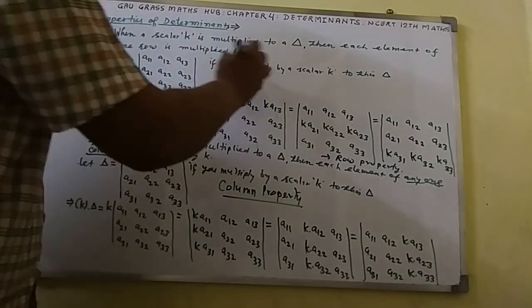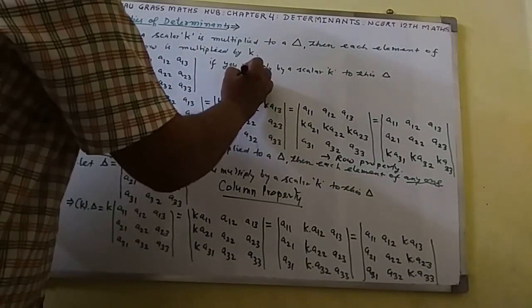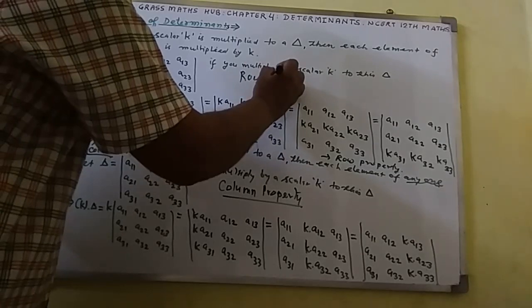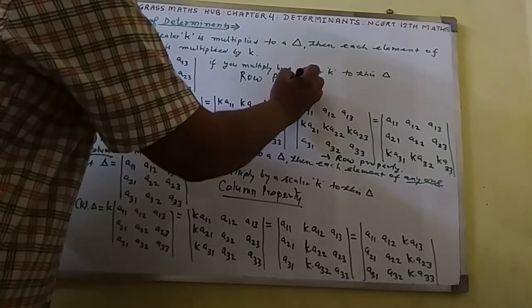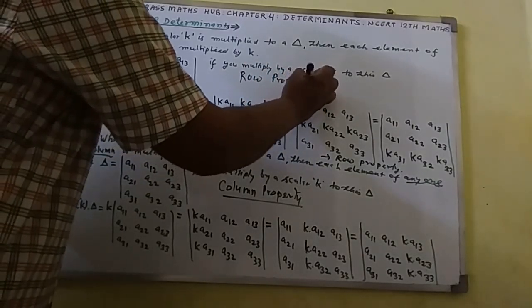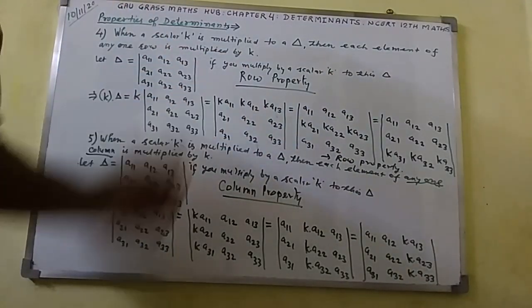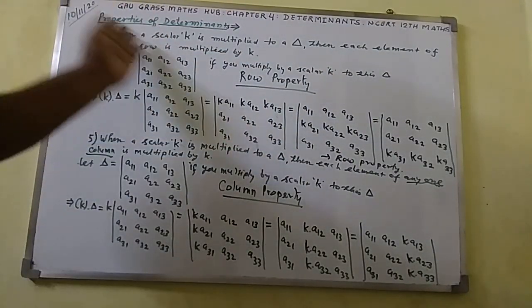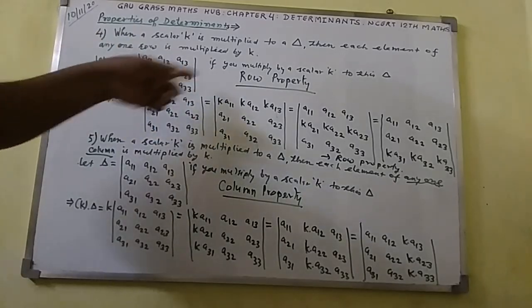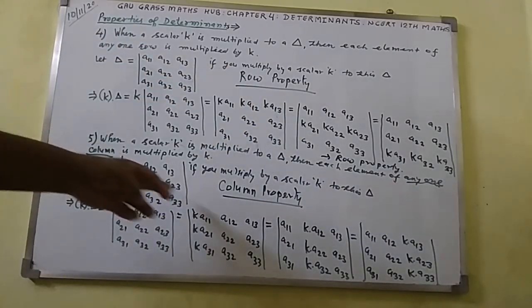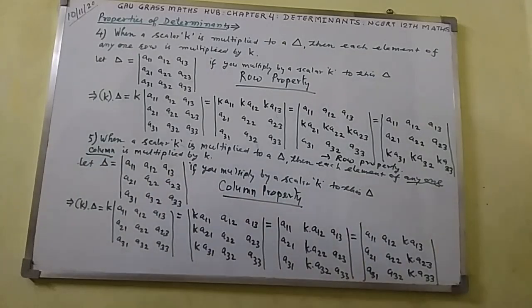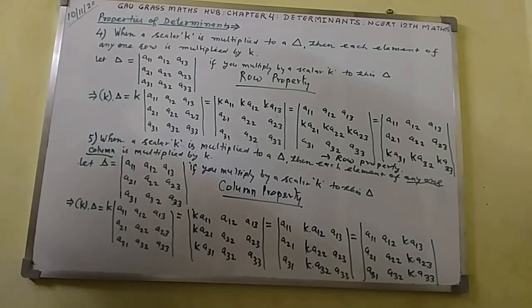Here you can see the row property. This is the row property. Property number 4 is the row property. Property number 5 is the column property. This is the proper lecture of today, which I have done in a very lucid manner.